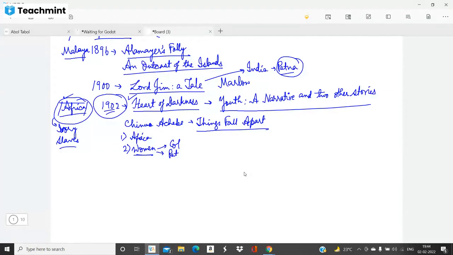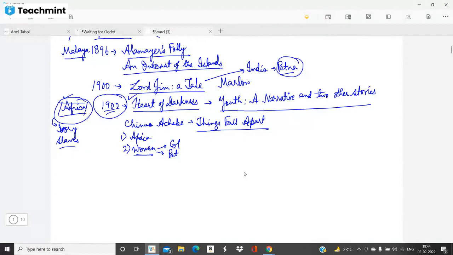But this is a very difficult thing to talk about with first semester students, so I'm not talking about it further. Now, this text, Heart of Darkness, it talks about an ambience of evil.